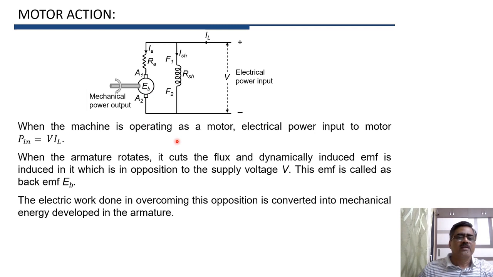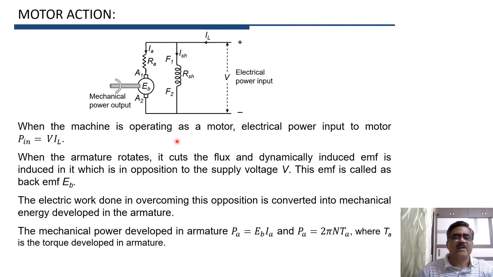Here the mechanical power developed in armature, that is PA, will be equal to EB into IA, because voltage developed in armature is EB and current through armature is IA.